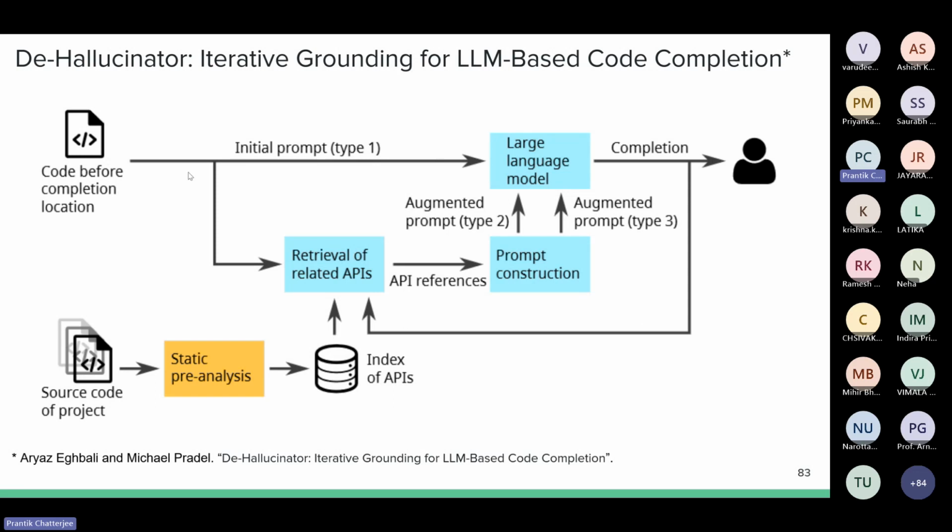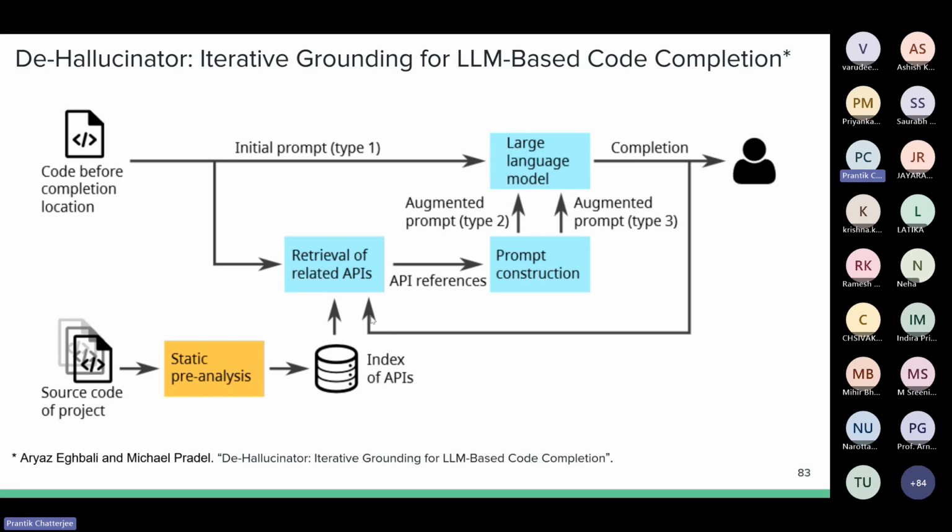While invoking the LLM query, let's say this is your code before completion, and you ask your LLM to complete this particular code. You send an initial prompt to the large language model, and this is your completed code. Let's say you are not happy with this completed code, because the LLM is hallucinating. So you do an iterative query. You know that whatever the LLM is synthesizing may not be correct, but it is somewhat correct.